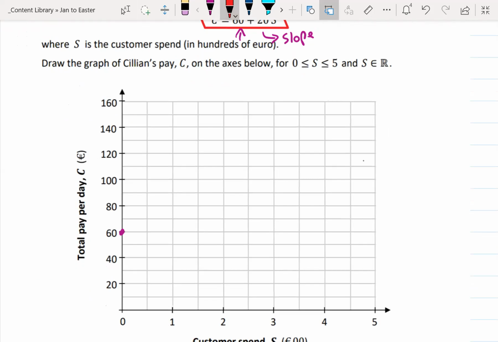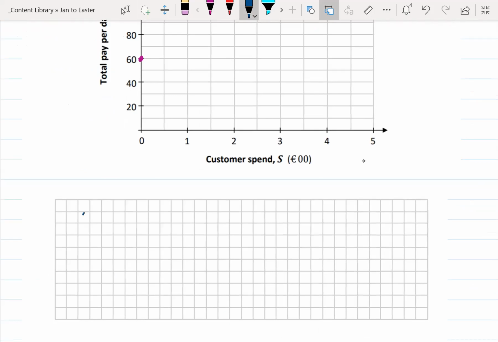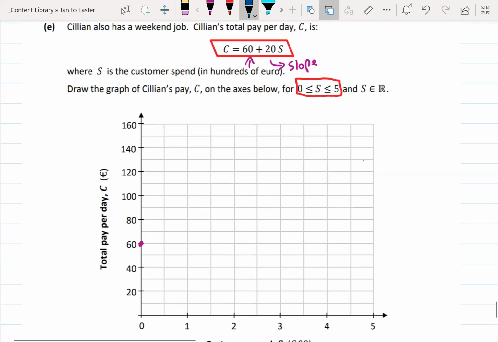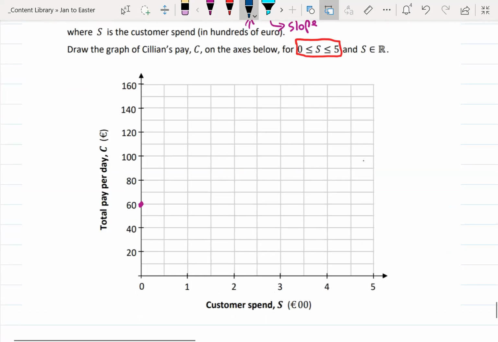Now they ask us to draw the graph, and they give us a domain. Remember, the domain is the input values. The x values are the input values. So we need to do a table, and we can do that down here. We have our input values, or our x values. We have the function, 60 plus, was it 20s? Yeah.